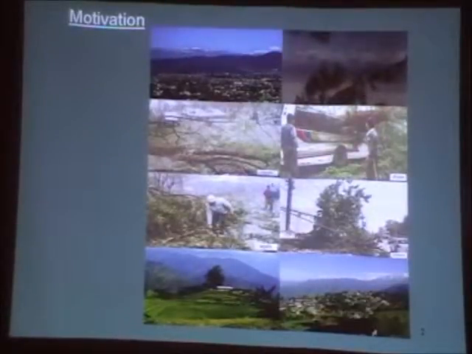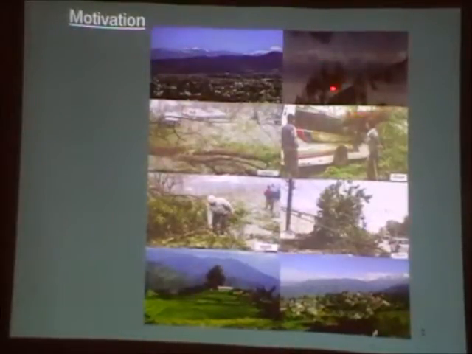So the motivation for this: Kathmandu Valley should be clean like this, but nowadays it is blanketed by air pollution and fog, and you cannot see the cities, and from cities you can see the mountains.